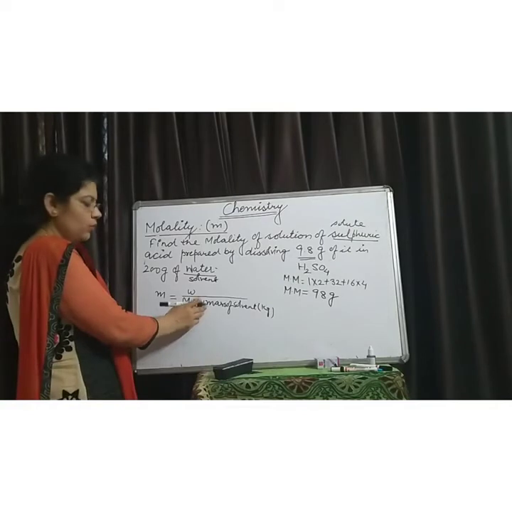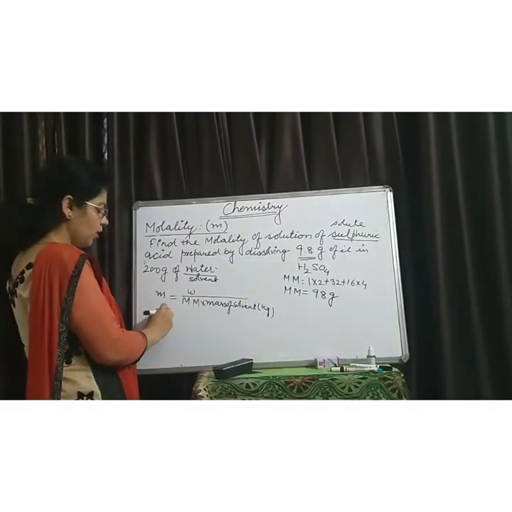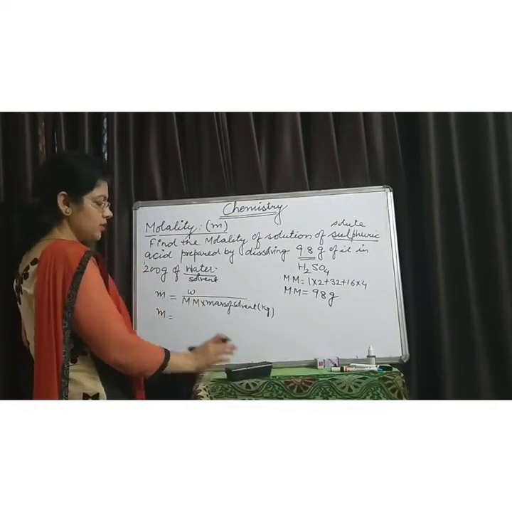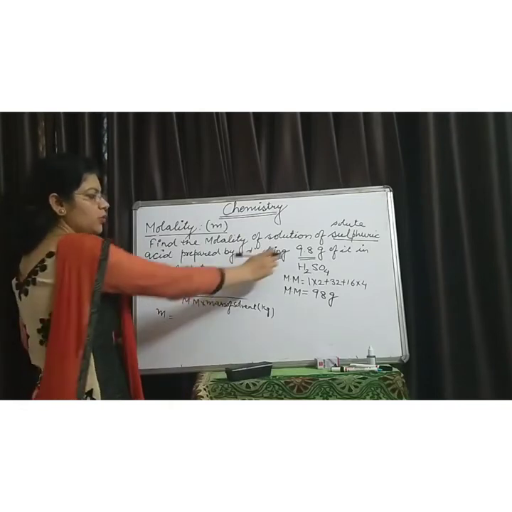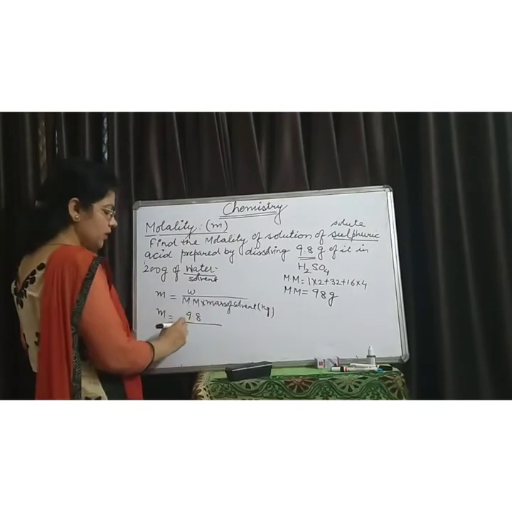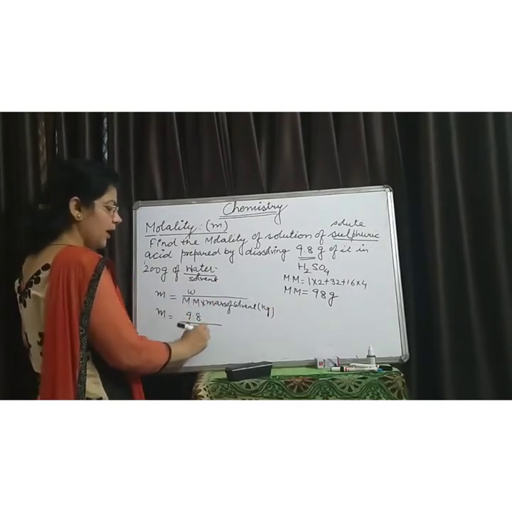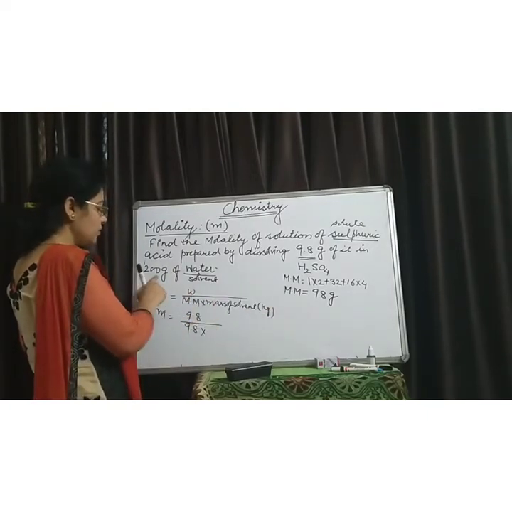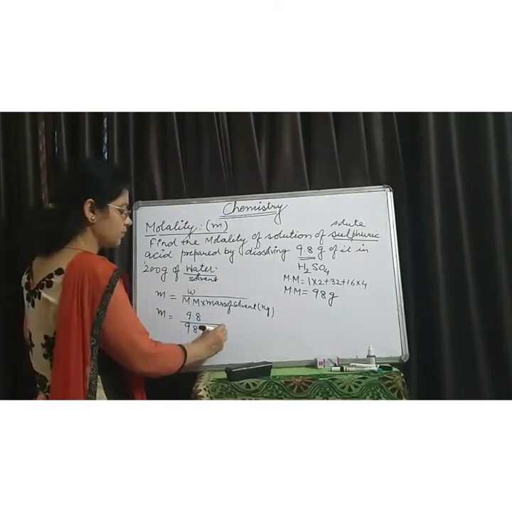Put these values in this formula. Molality of the sulfuric acid solution: W is 9.8, the molecular mass of the sulfuric acid is 98, and the mass of the solvent is 200 grams.